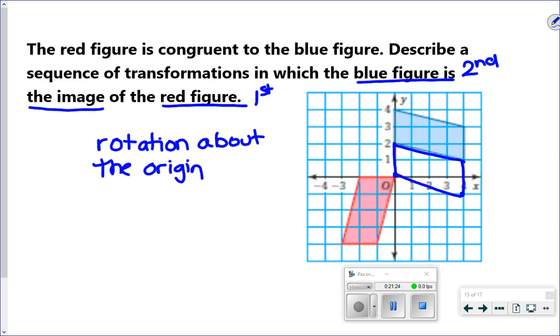If I did a 90-degree rotation, a 90-degree rotation would make it look like this right here. That's going to have it look like that. So yes, that's what I want. So I'm going to do 90 degrees, and it's going this direction. That's counterclockwise. So I'm going to label it in here.